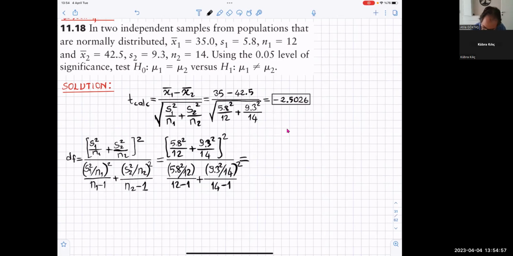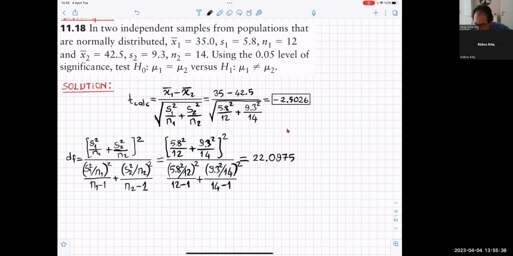And this one, I'm also forgetting the square here. 5.8 square divided by 12 square divided by 11, of course, plus another one, 9.3 square divided by 14, and the square of this and divided by 13. Okay, according to my calculation, this is 22.0975.